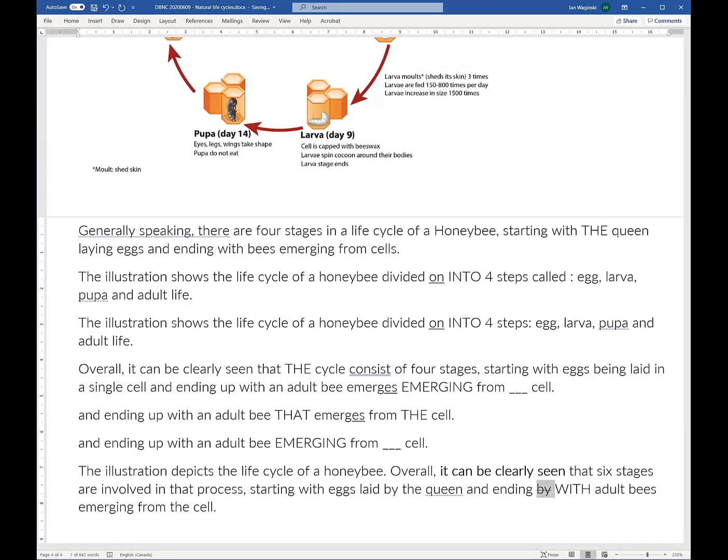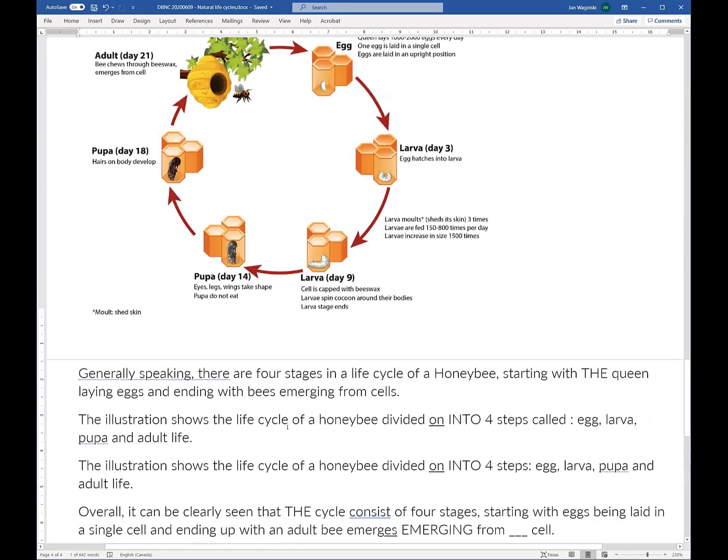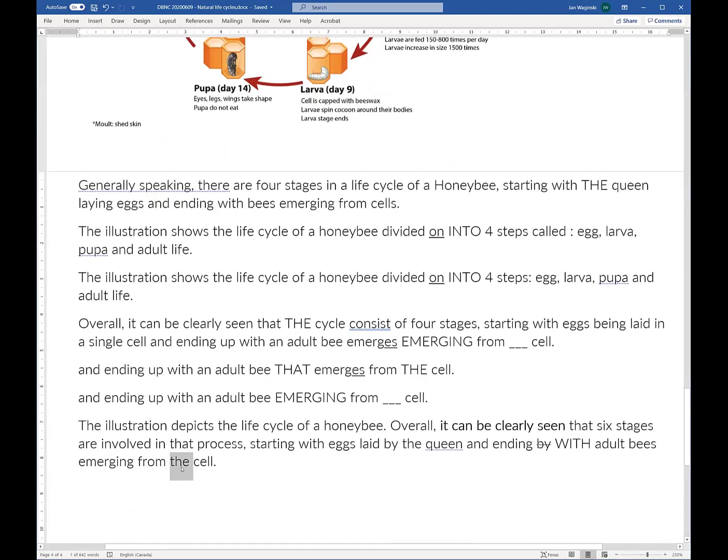Emerging from, so from cells. Here it says 1 egg is laid in a single cell. So it would be emerging from cells or from the cells. It's okay too.